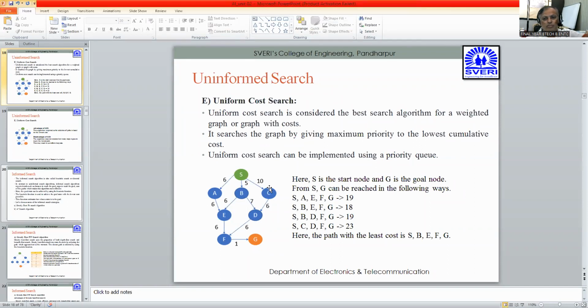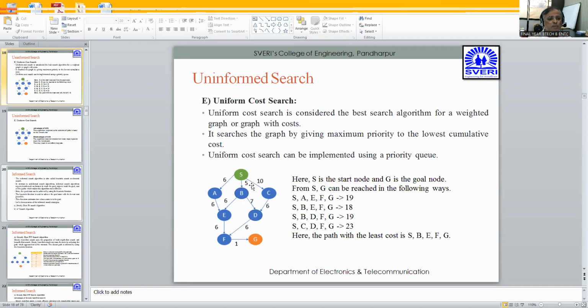Obviously, the uniform cost search can be implemented using the priority queue. So it's like a queue. Now how will it go? Obviously there will be 4 different paths. S will be the starting node, G will be the goal node.